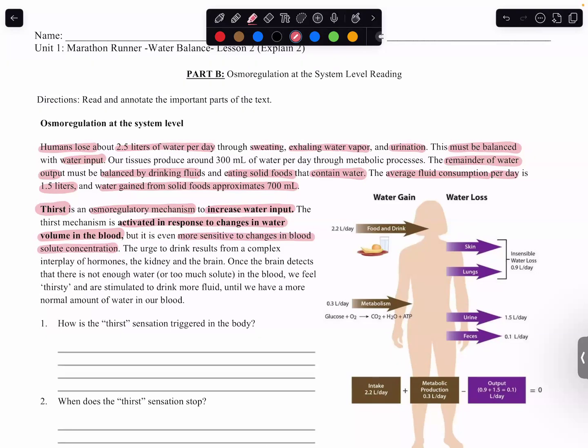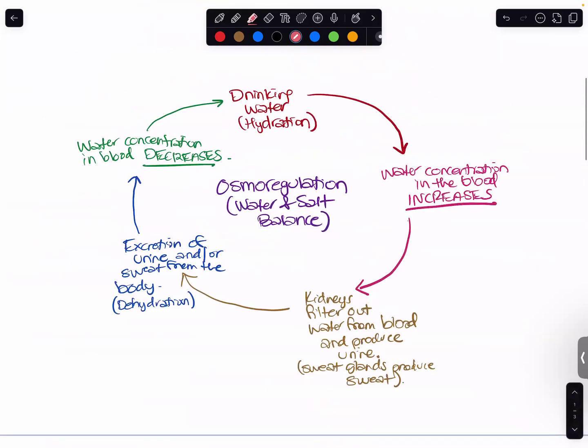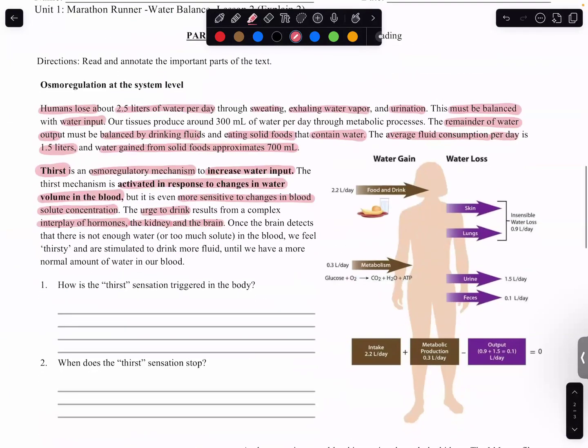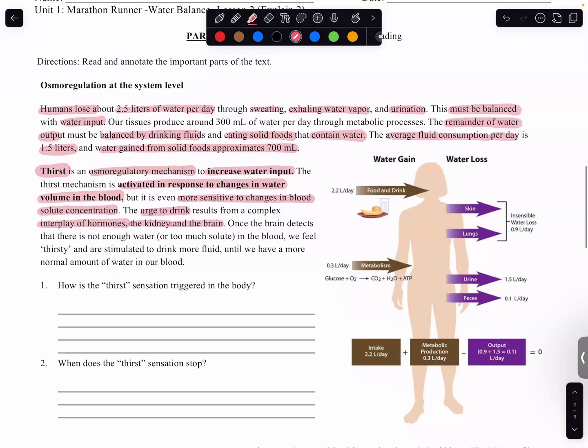The urge to drink results from a complex interplay of hormones, the kidney, and the brain. That's what we literally just spoke about here. That is all regulated by our nervous system, our kidney, and the brain sending signals, or hormones being released.